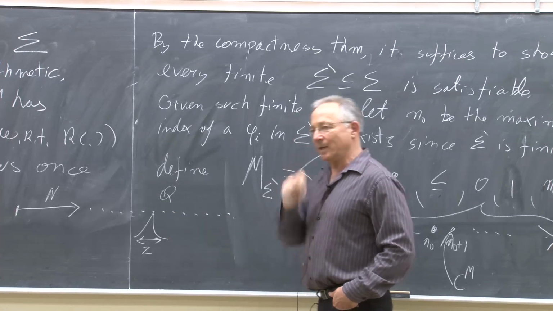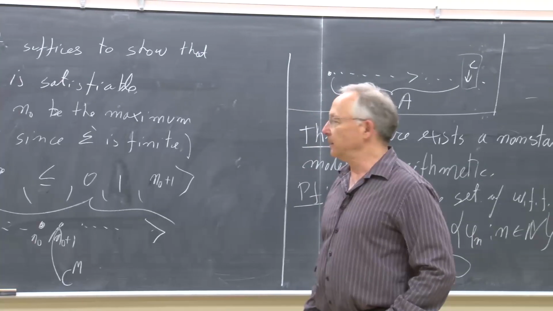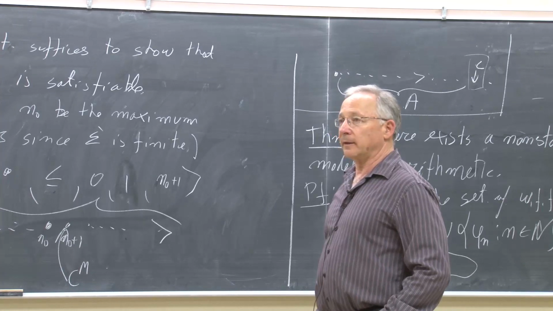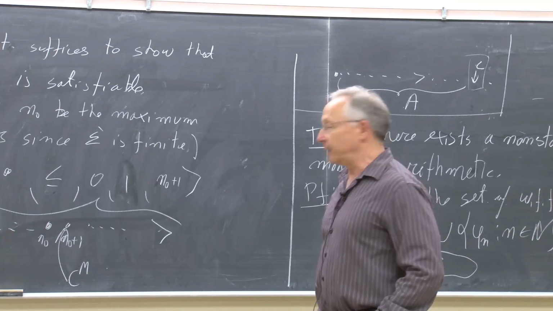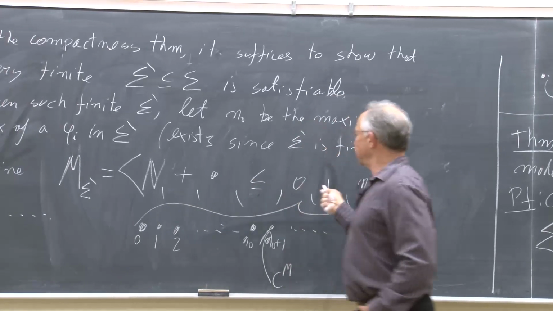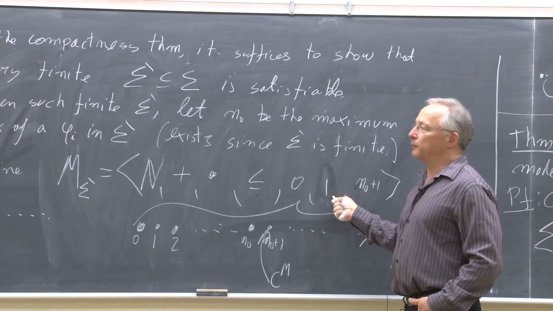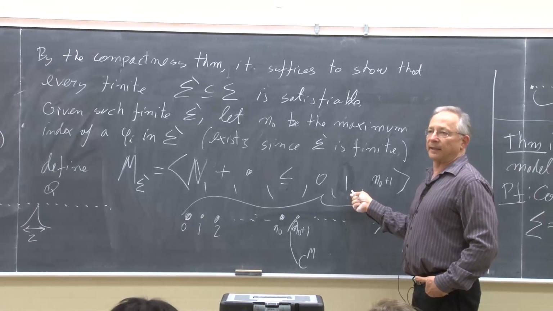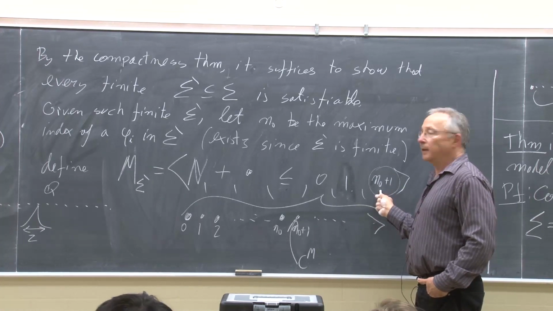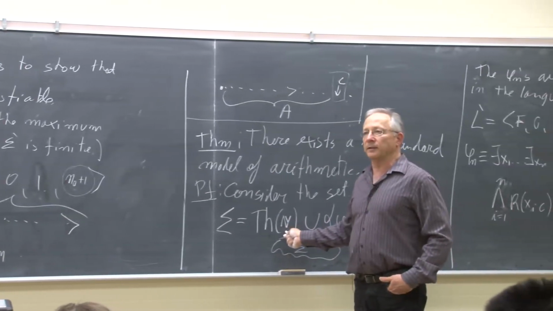Yes? When you prove that the elements of sigma prime satisfy the theory of n, is that because they're using the same universe? Yes. We're using the same universe. We are using the same interpretation of plus, times, less than, a and b. So for all the symbols involved in n, we're using exactly the same interpretation. The fact that we have another interpretation for another symbol doesn't affect the theory of n, because the theory of n did not mention this new symbol.